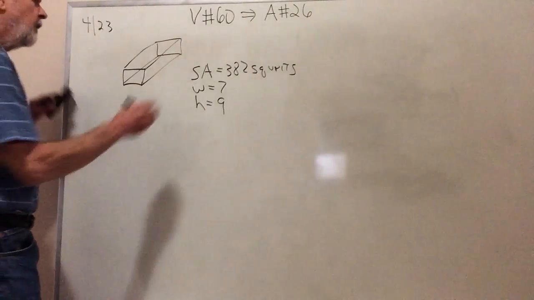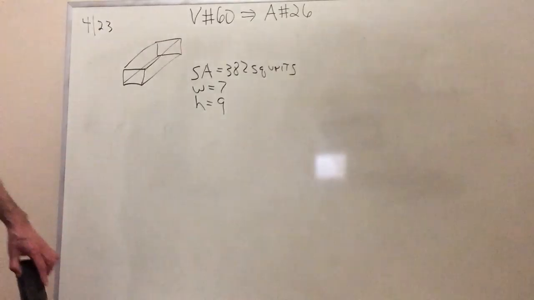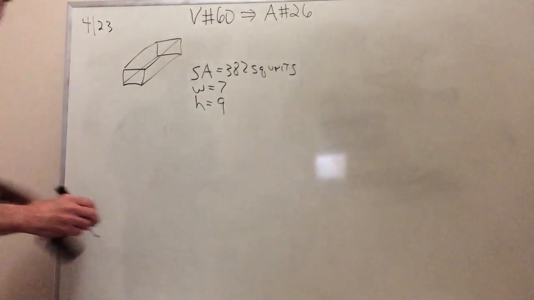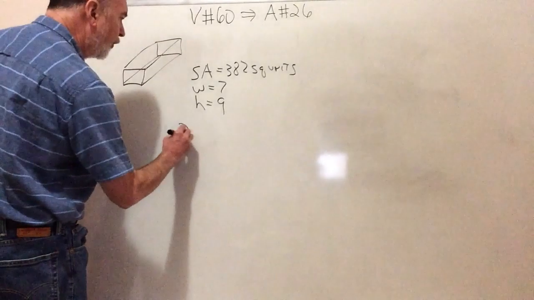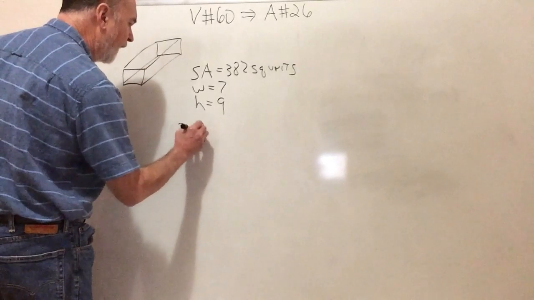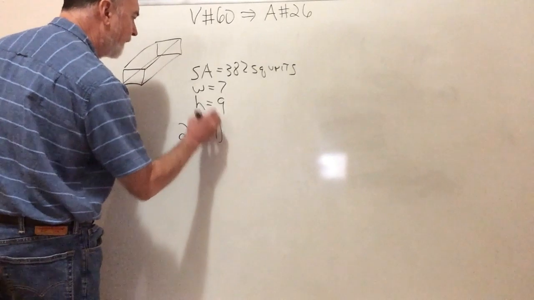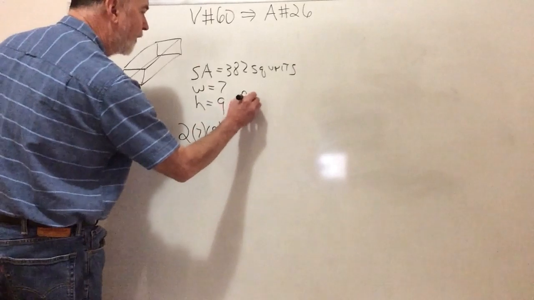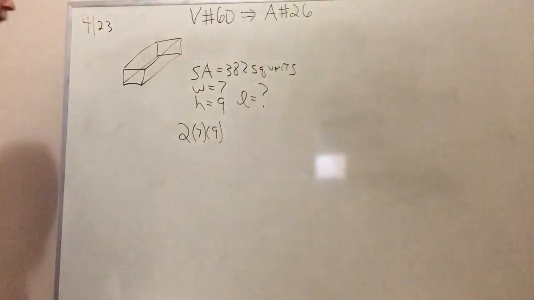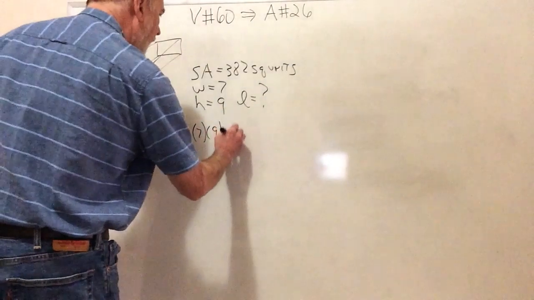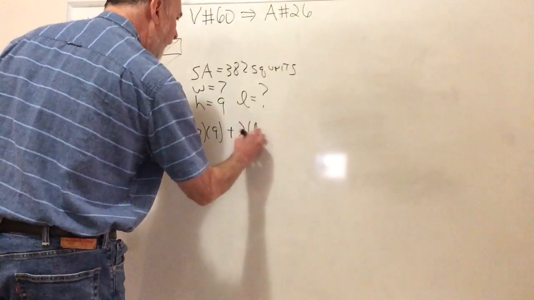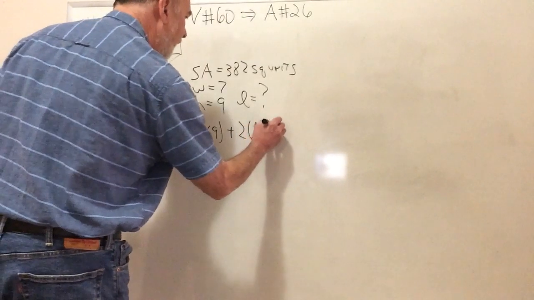So here we go again. You're expected to know in 7th grade, never mind 8th grade, how to do this stuff. And so we have 2 times 7 times 9. That takes care of that. And we're looking for L, of course. All right? And then we have plus 2 times L times 7.